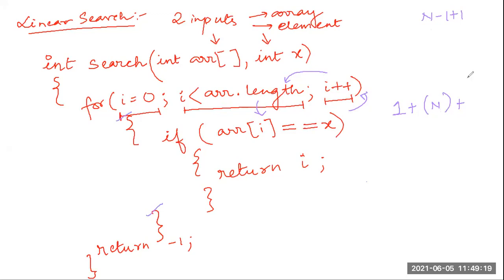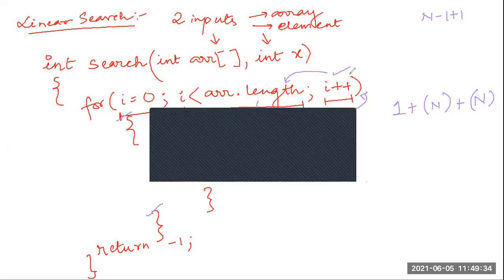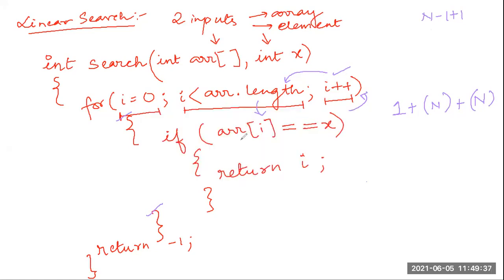So this will give you n number of times, and this i plus plus also is executed n number of times. Right from the starting, it gets executed. If i plus plus is executed n number of times, I am matching this position for all the values of i.